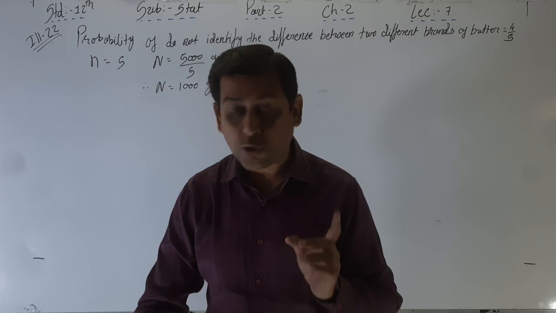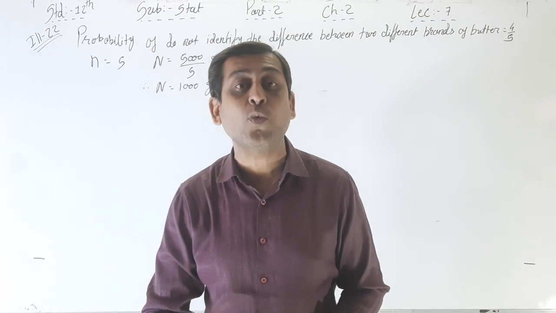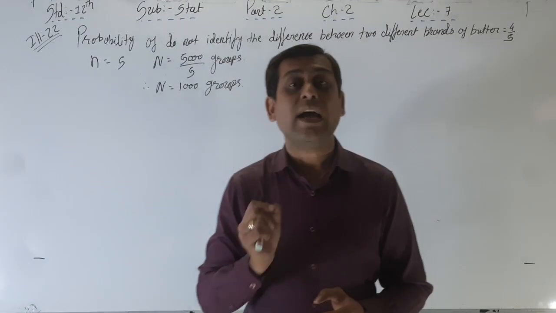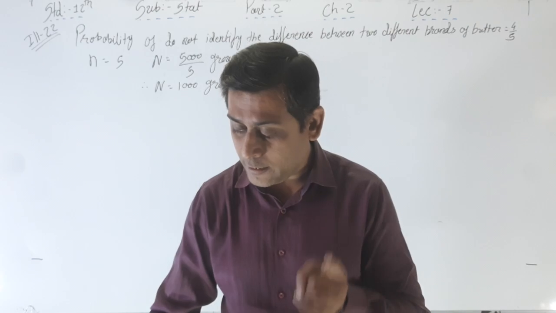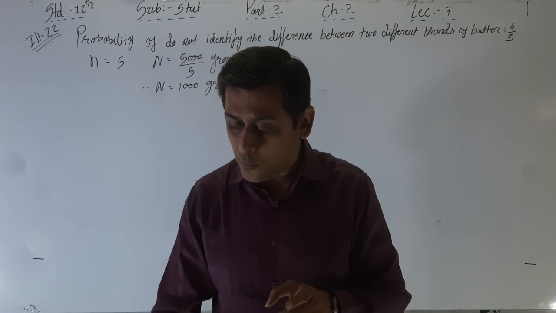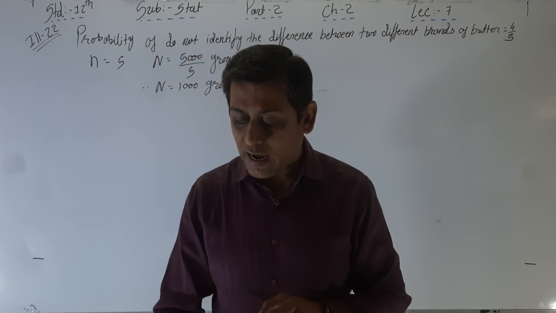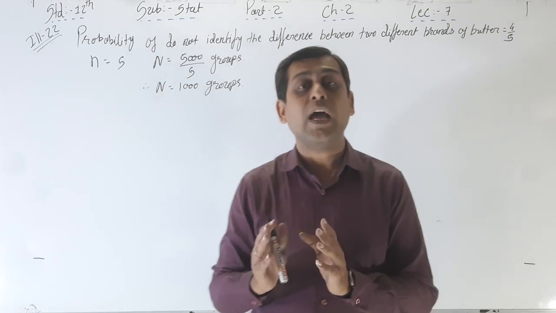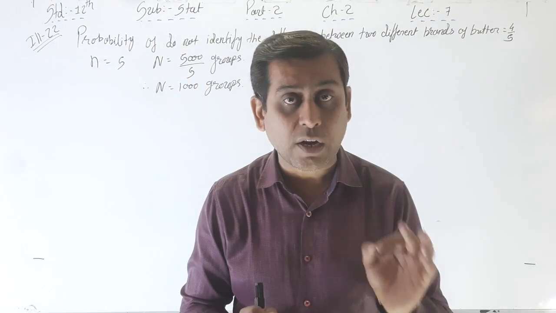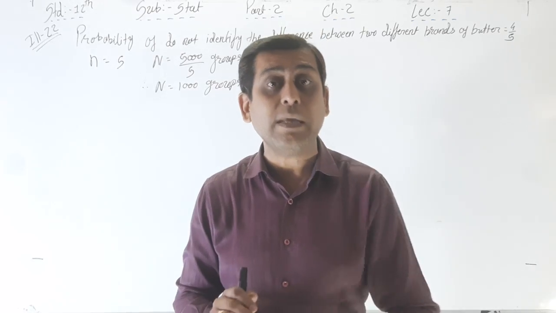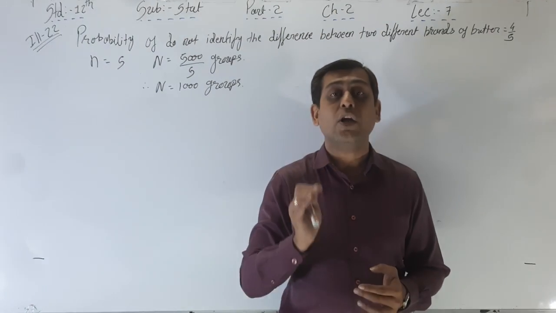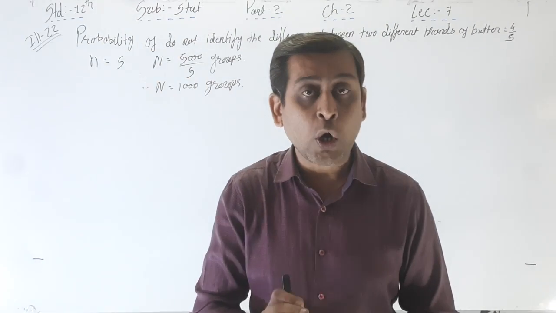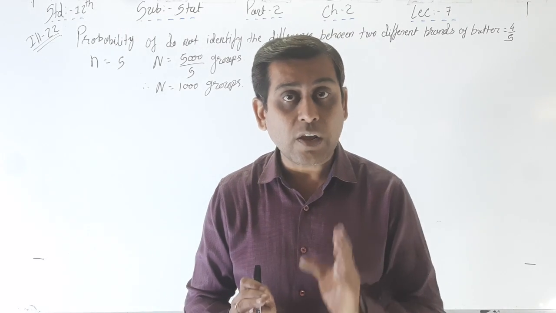Now if the claim is true, what does it mean? Do not identify the difference. The claim is true in how many groups? Among these groups, at the most one housewife. But the question is the claim is true, that means here the probability of success is do not identify the difference.